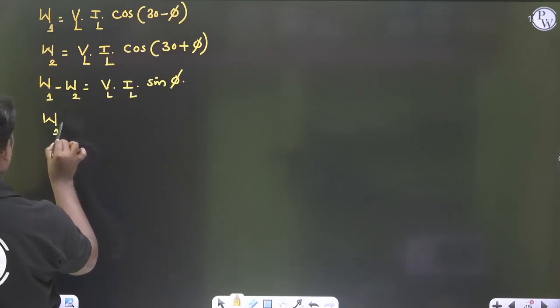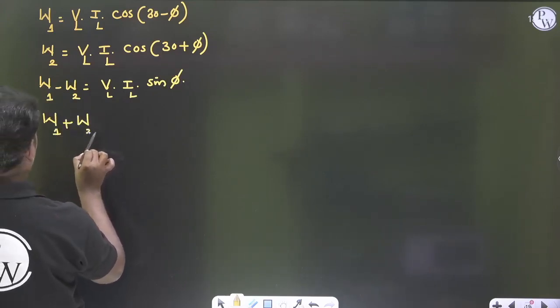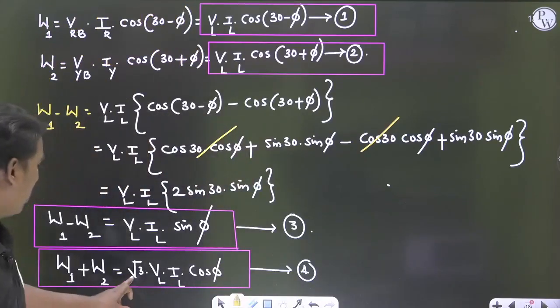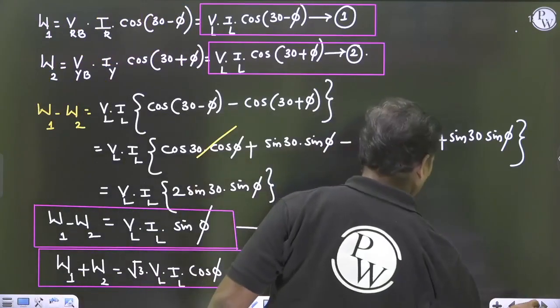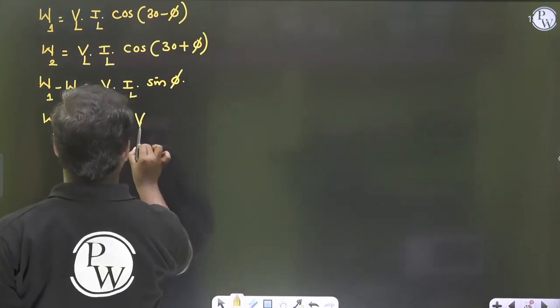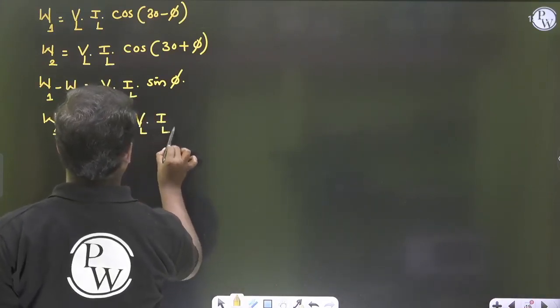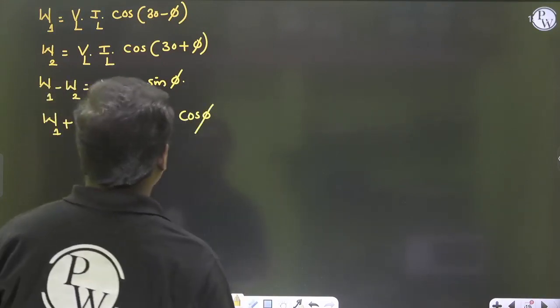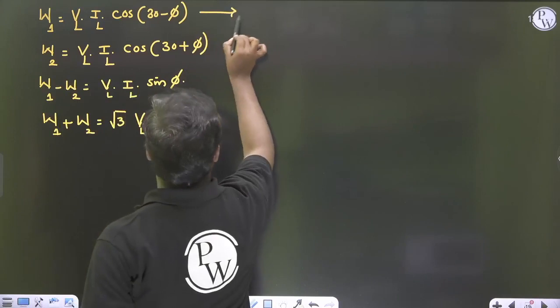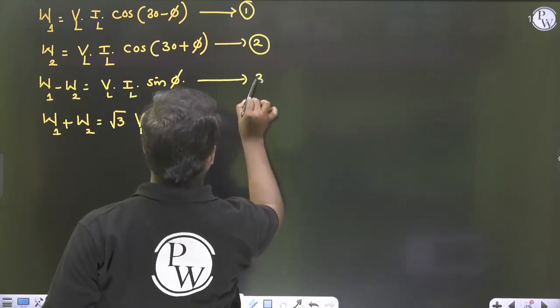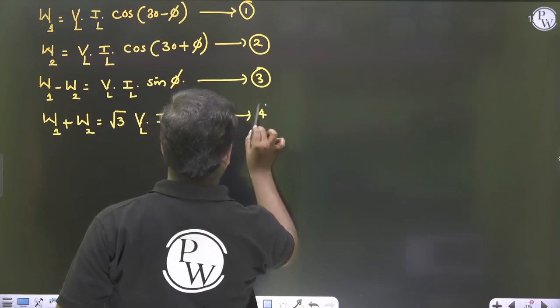W1 plus W2, you got root 3 VL IL cos phi. Okay. So now this is equation number 1, equation number 2, equation number 3, equation number 4.